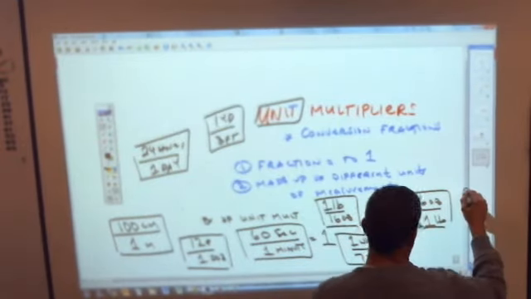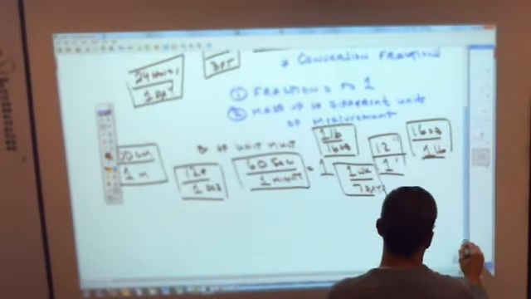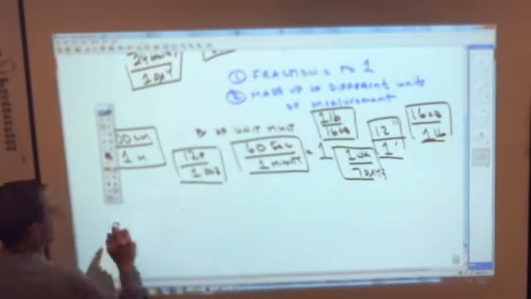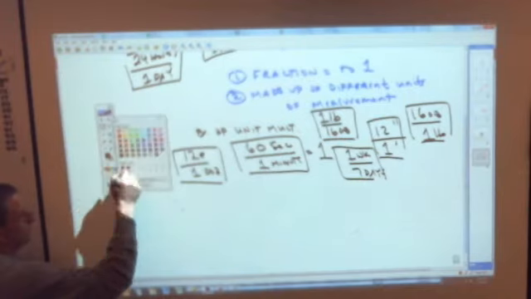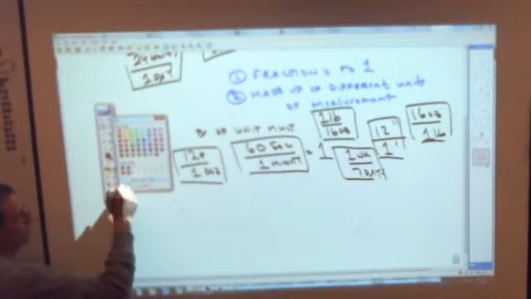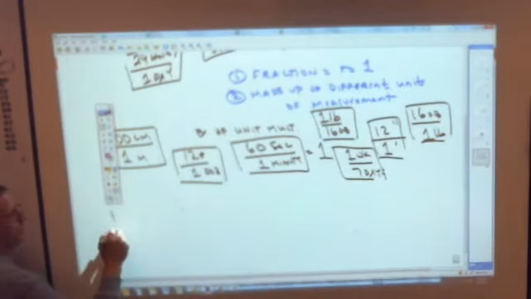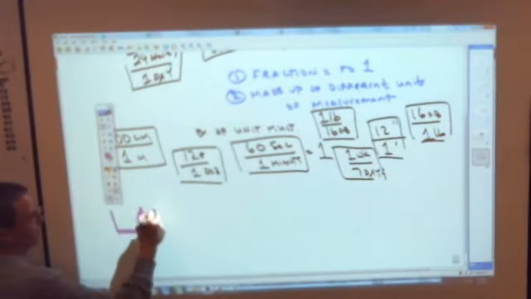Yeah. So, with that being in mind, we've established what a unit multiplier is. How does it help us? Here's what I need you to write down in ginormous letters. With unit multipliers, the most important thing are labels.